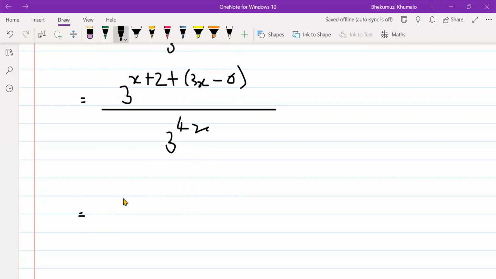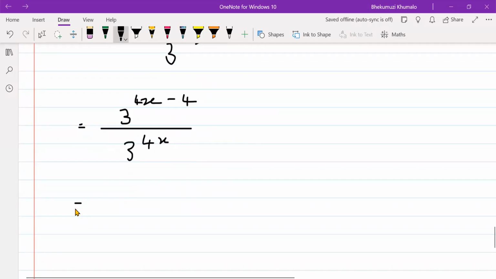Okay. Now, when we do this, x plus 3x is 4x, right. 2 plus minus 6 would be just minus 4. And this is still all over 3 to the power 4x.